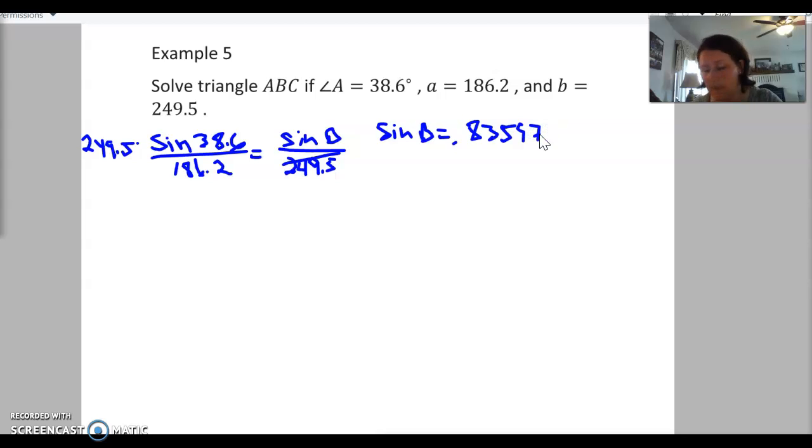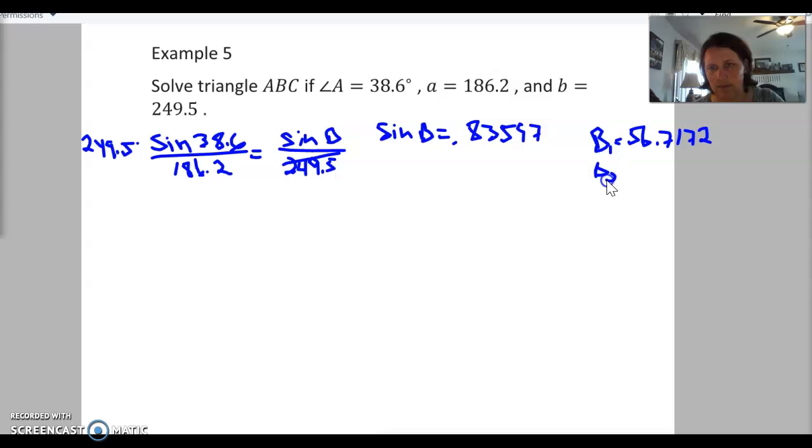That's a good thing. And so now go ahead and find your arc sine of that value. So B is going to equal 56.7172, and let's call that B sub 1.